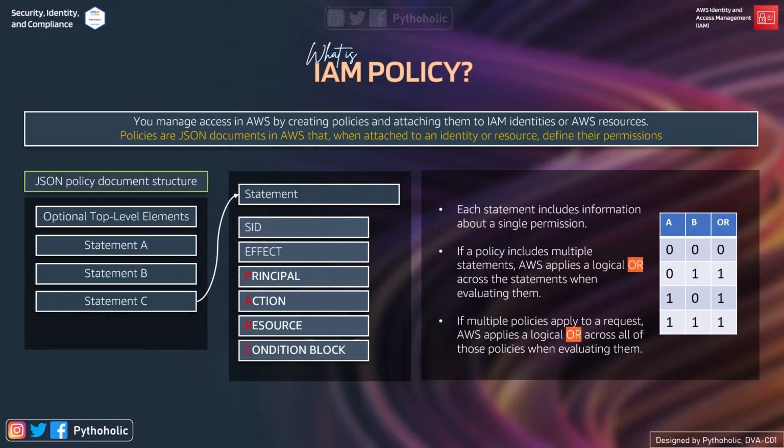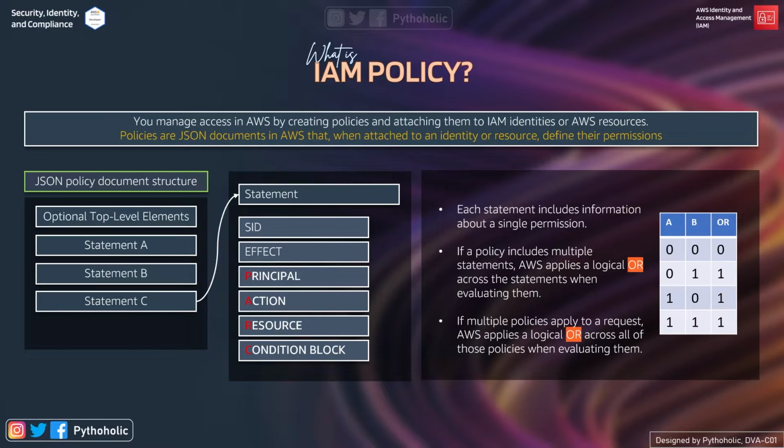And IAM policies, as I already told you, are JSON documents in AWS that, when attached to an identity or resource, define their permission. So if you are an admin, you will have the AWS managed policy AdministratorAccess attached to your IAM user, and thus you can perform admin operations on the AWS resources within your account.